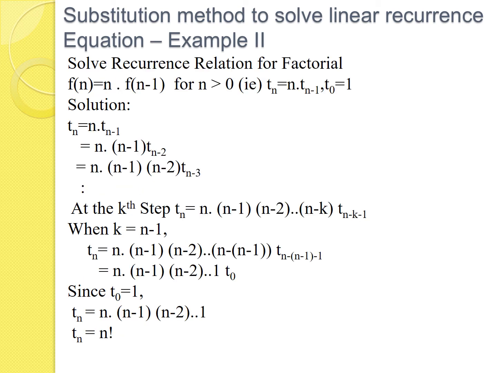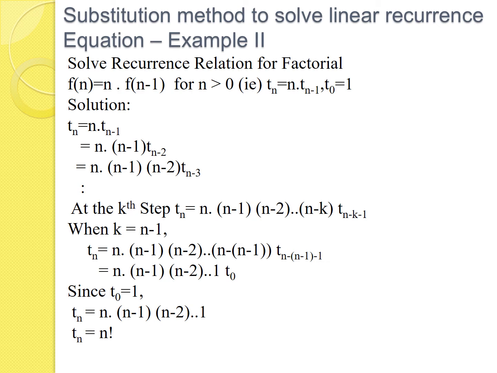Let us solve the linear recurrence equation that represents the recursive function of finding the factorial of a given number n. The recurrence relation is given as t_n equals n multiplied by t_(n-1).